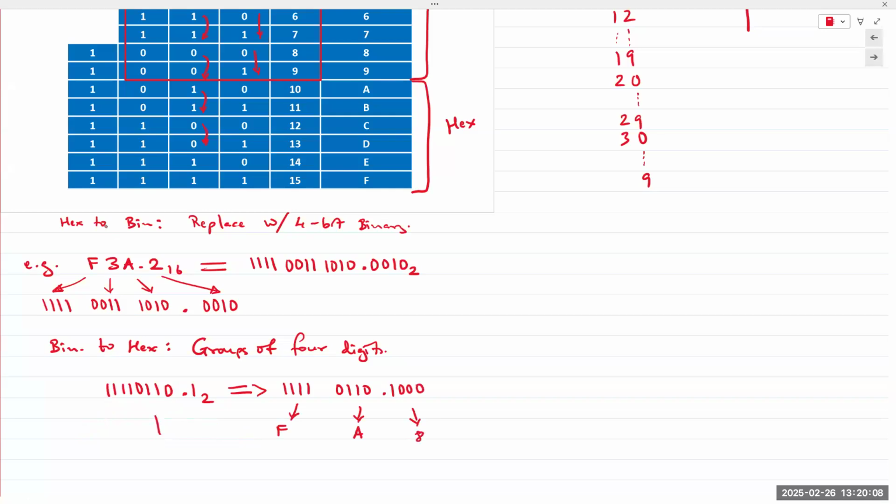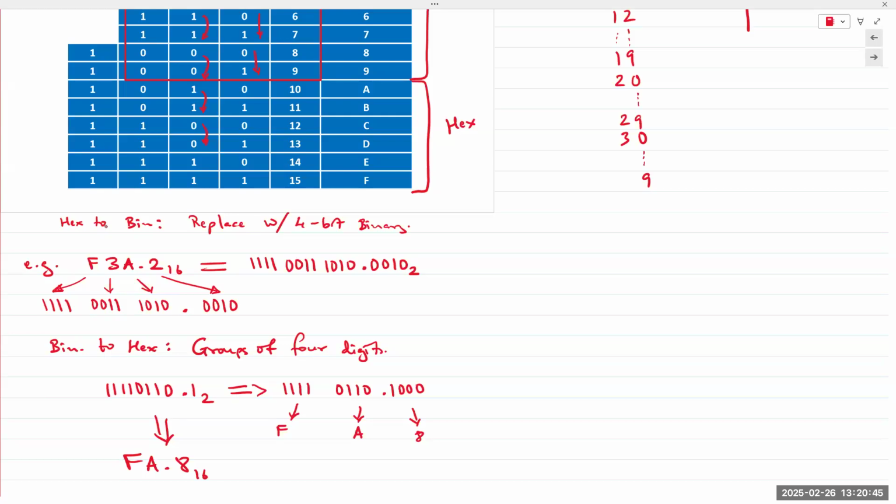So this number becomes FA 0.8 to the base 16. So hexadecimal has a base of 16, decimal has a base of 10, and binary has a base of 2. It depends how many values we can represent with that single digit.